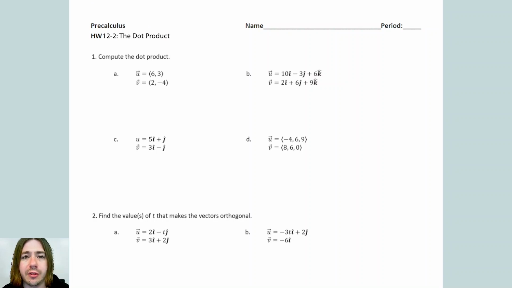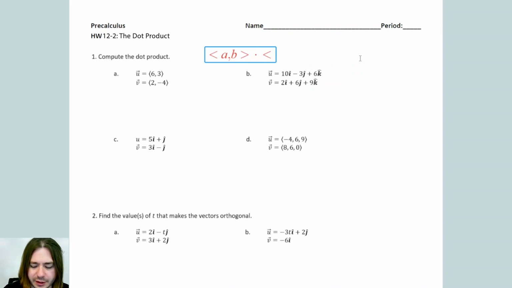The way that we compute the dot product, if you recall from the lecture, is let's say we've got two vectors. One is generic A, B, and the other is P, Q. If we want to compute the dot product, we multiply the corresponding components and then add those two values together.